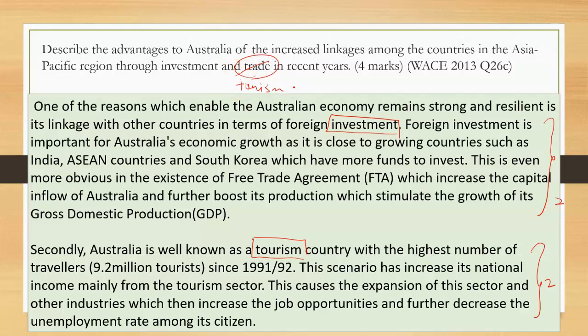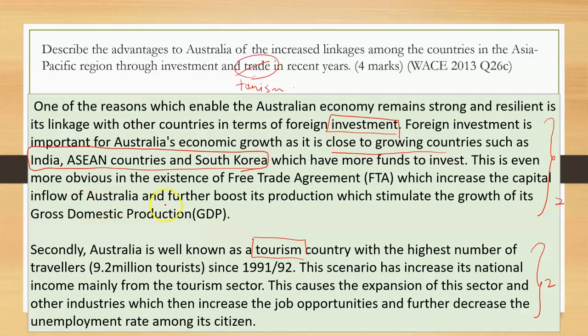Okay, so one of the reasons here how Australia benefits is through foreign investment. So the student actually wrote that the Australian economy is growing because they are close to the growing economies, and they give a real life example of what is a growing economy. Okay, you can put China, you can put India, and whatever countries that we are looking at here.